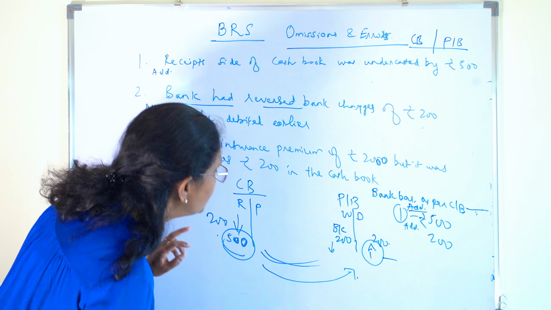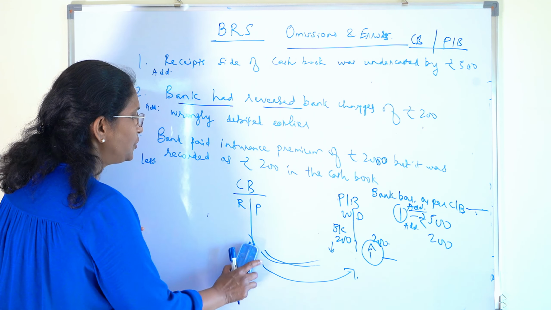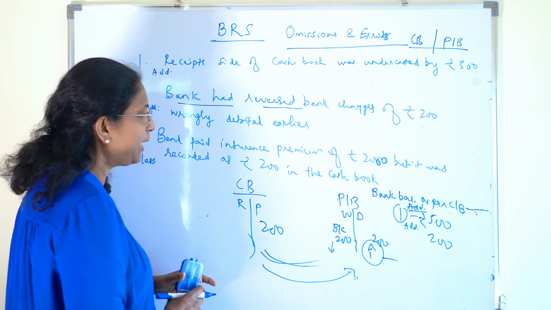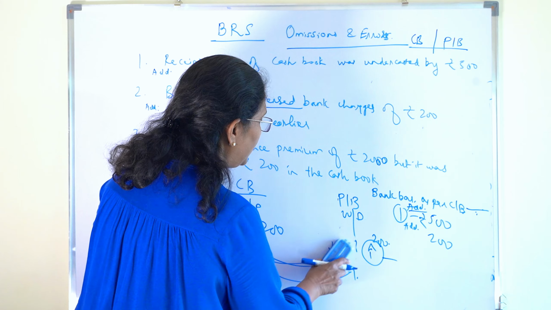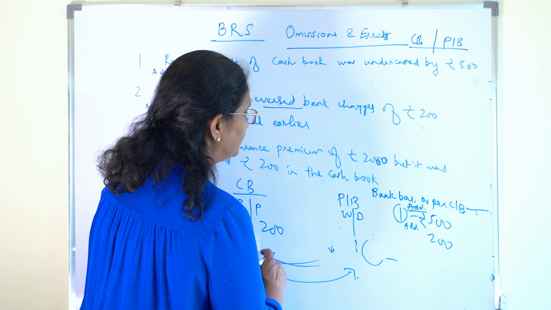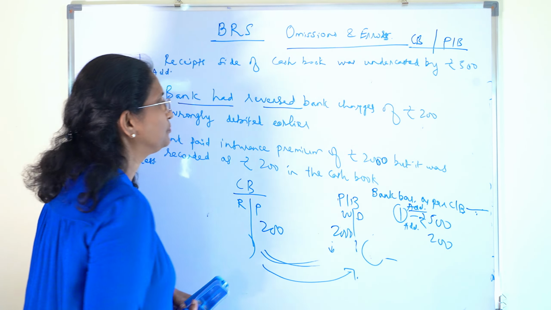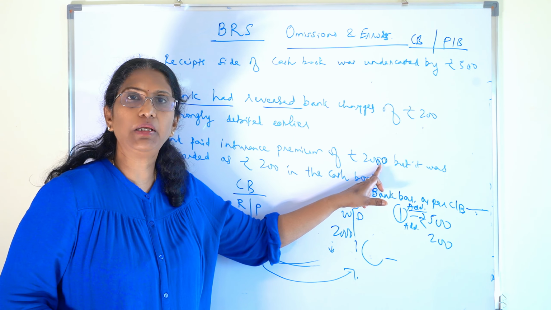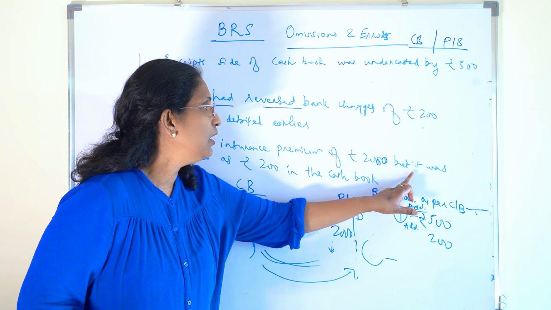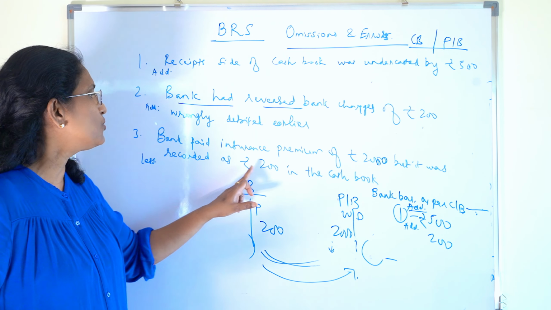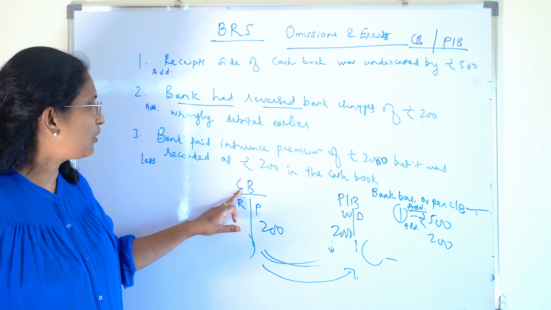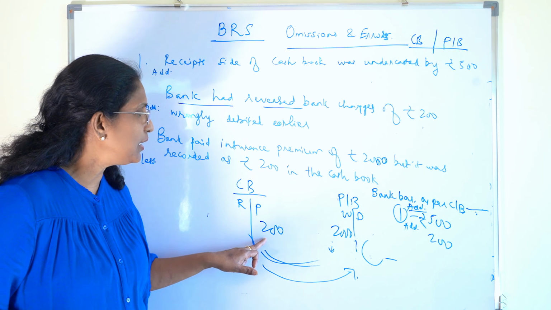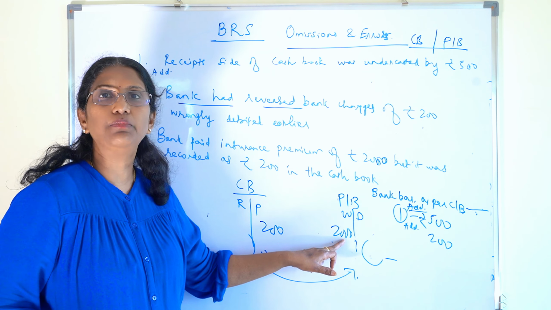So the insurance premium we showed as 200. What is the bank doing? The bank is showing a withdrawal of 2000. The bank paid an insurance premium of 2000, but we recorded it as 200 in the cash book. So 1800 more withdrawal is done.